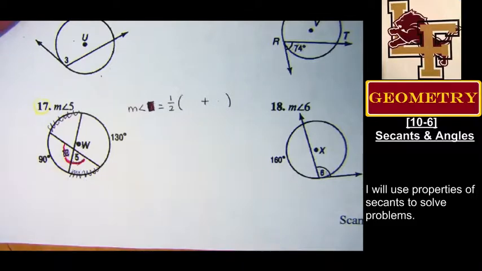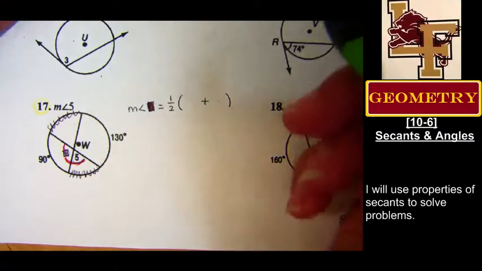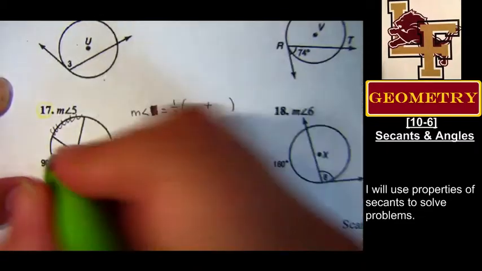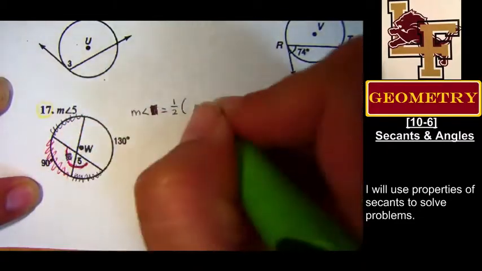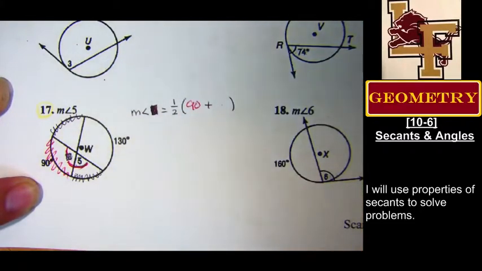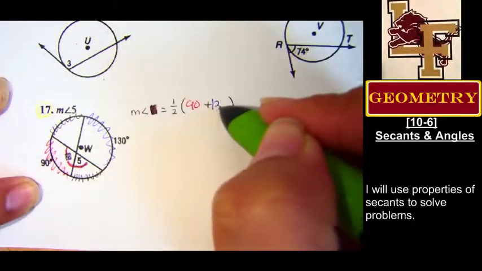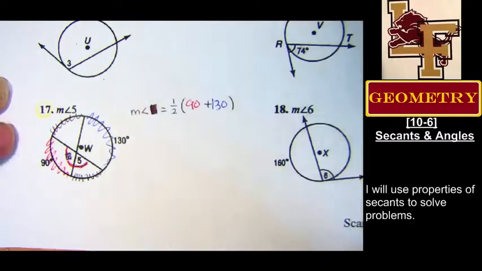So we're rolling back to our linear pairs from way back when we had two angles creating a straight line. All right. So this arc and this arc, we're going to add those together.